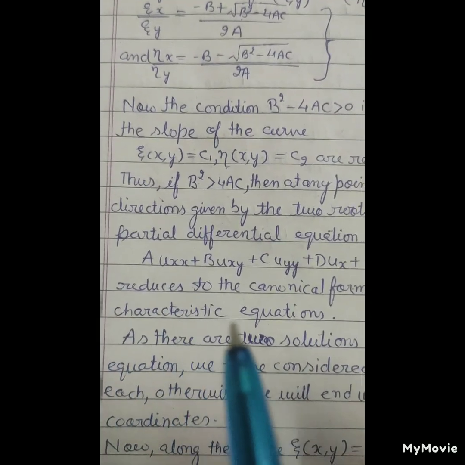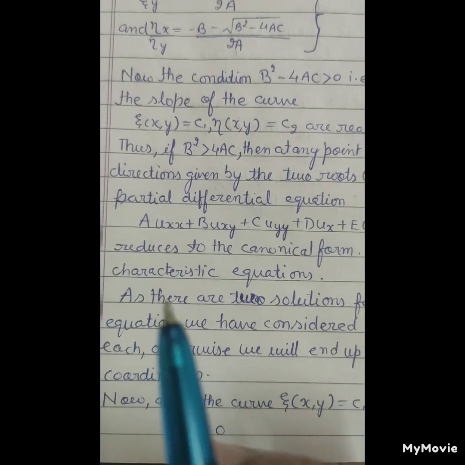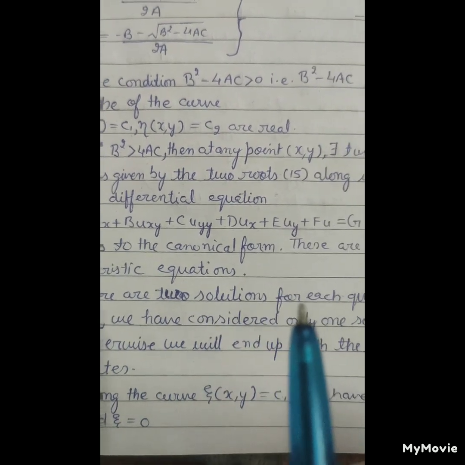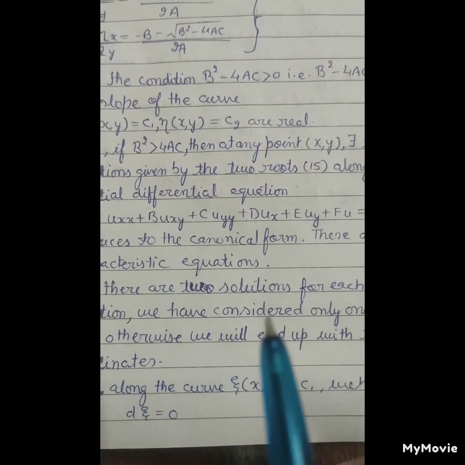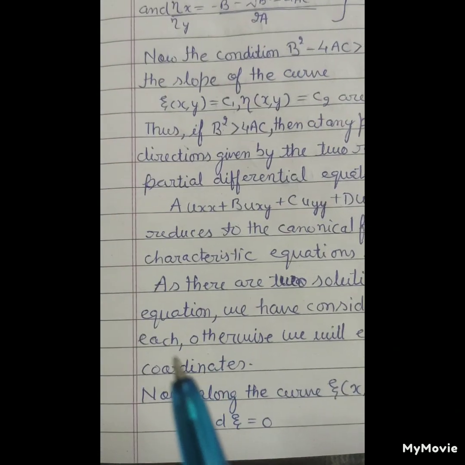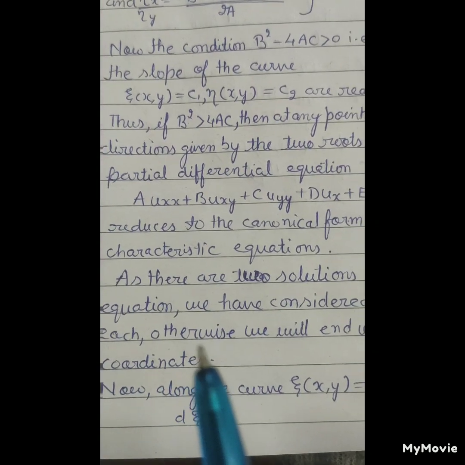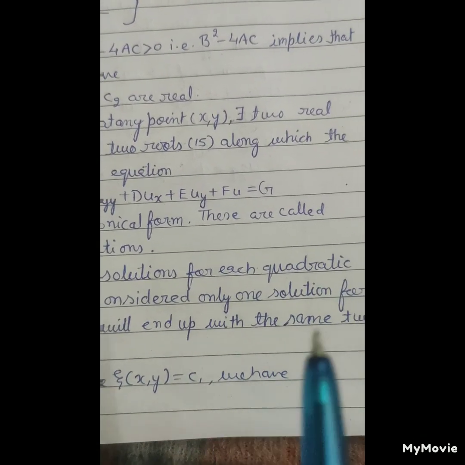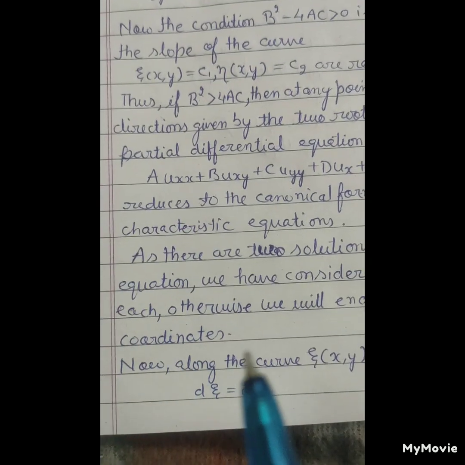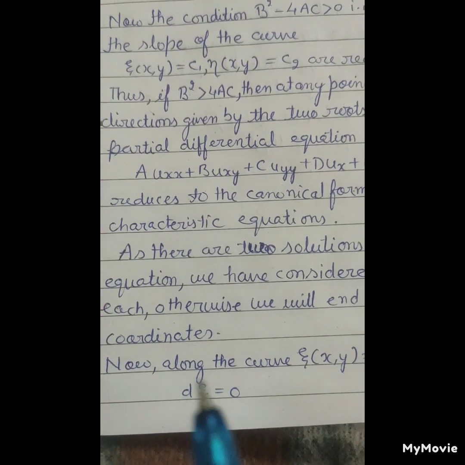These are called characteristic equations. As there are two solutions for each of the quadratic equations, we have considered only one solution for each, otherwise we will end up with the same two coordinates.